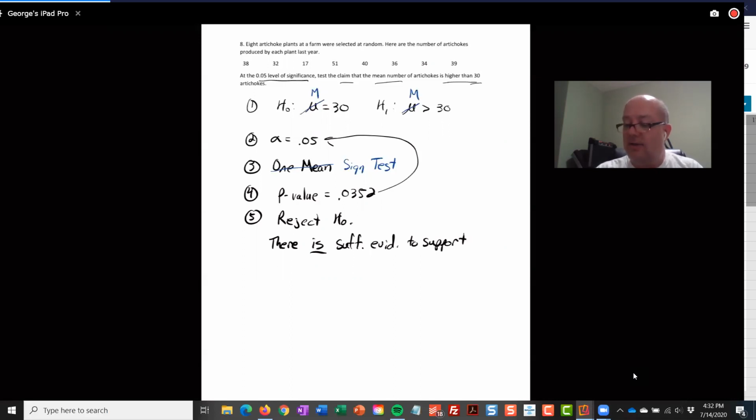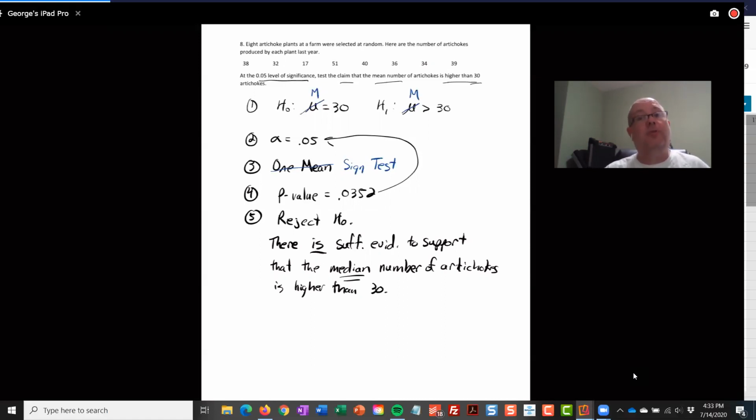And here that is that the median, not the mean, but the median number of artichokes is higher than 30. Again, I had to switch that out to median because the sign test is a test about median, not mean.